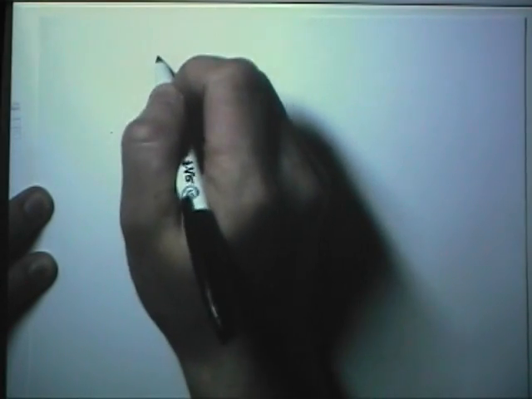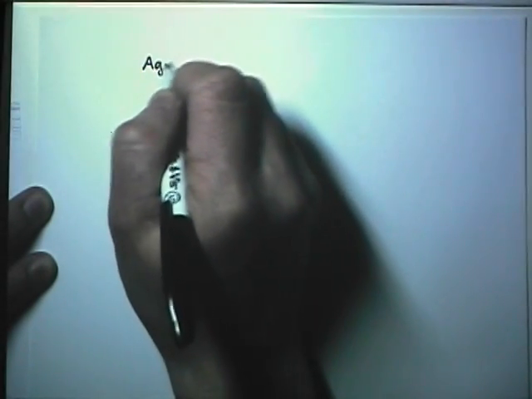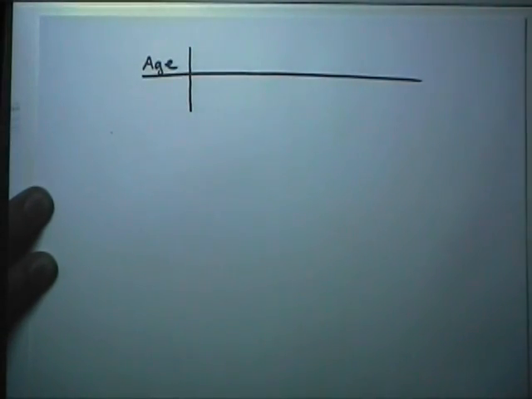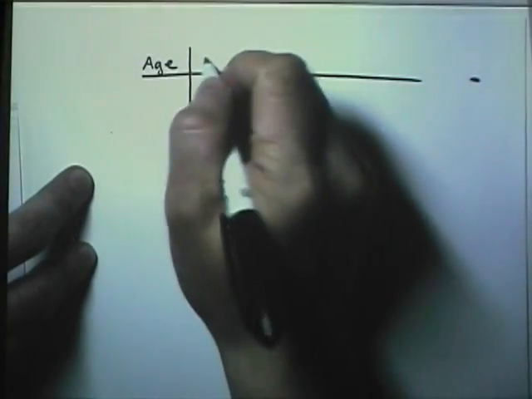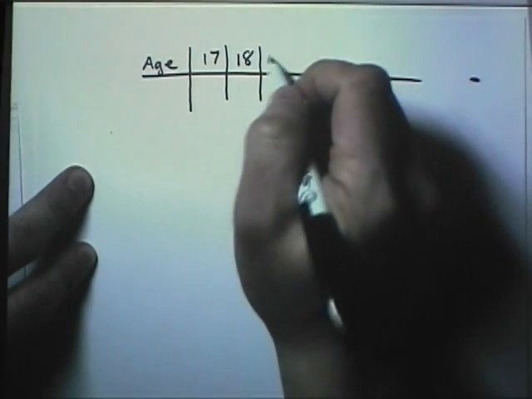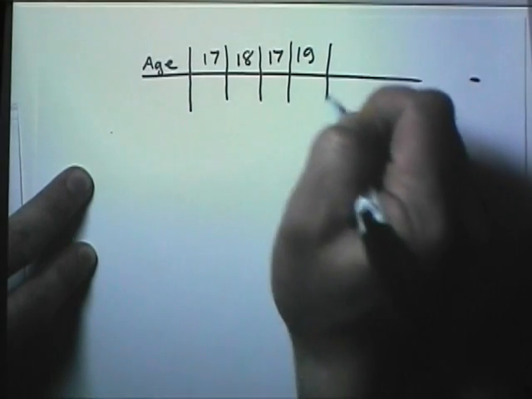The meaning of the correlation here is that a lot of times we're trying to plot. Now, remember the age variable? The age data values that we collect, pretending, were 17, 18, 17, 19, and 20.